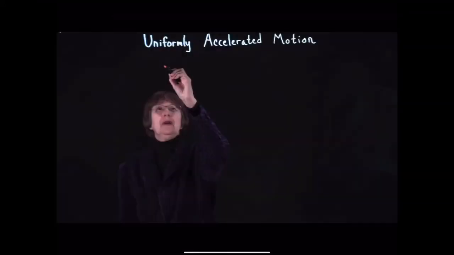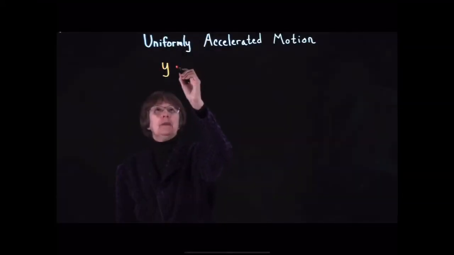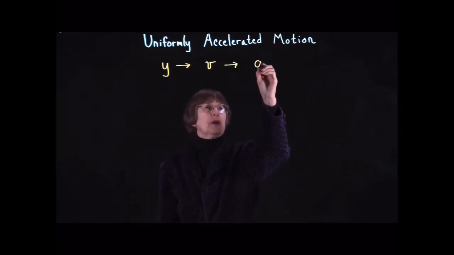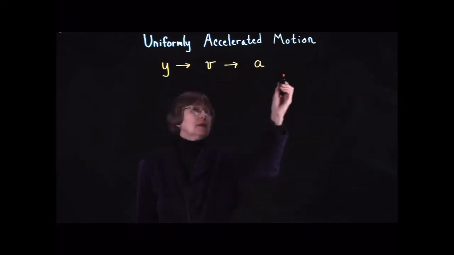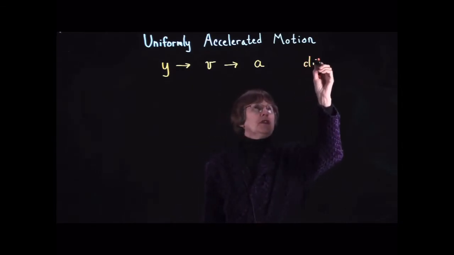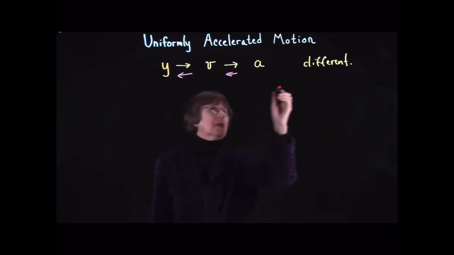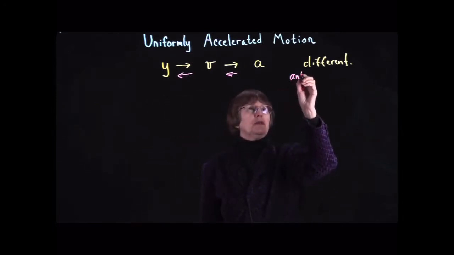Let's recall that if we go from a displacement to a velocity to an acceleration, this is the process of differentiation. If we go the other way, this is anti-differentiation.